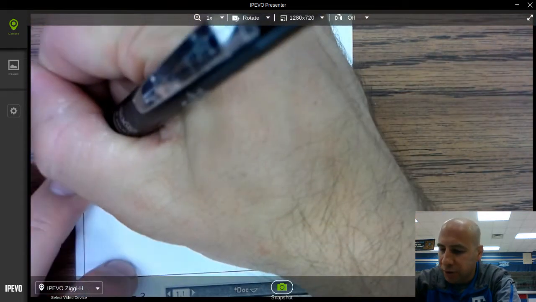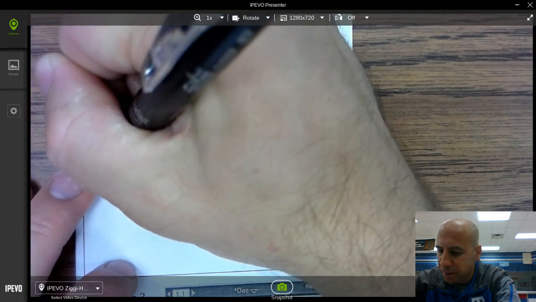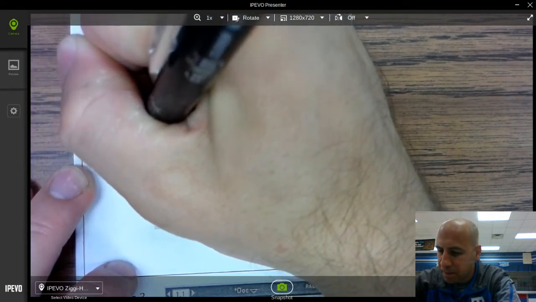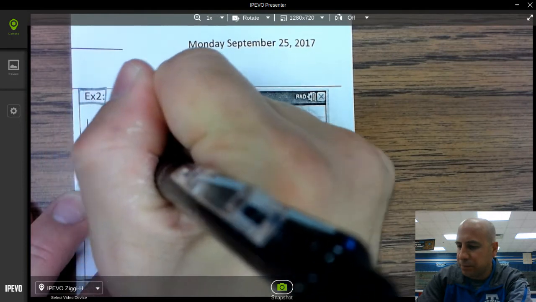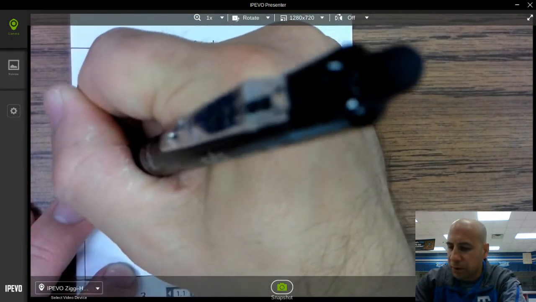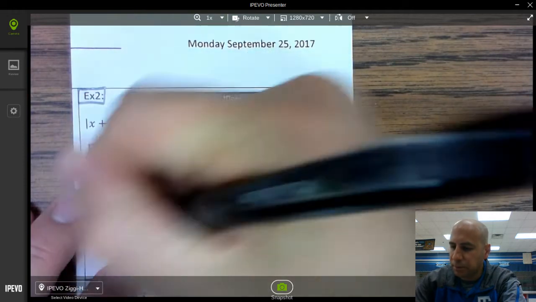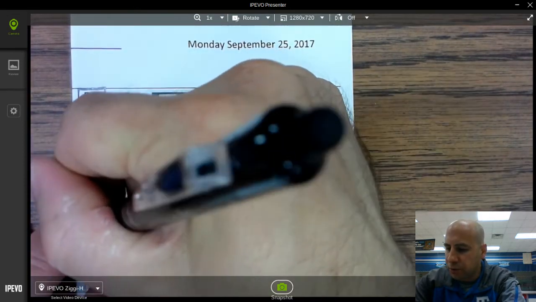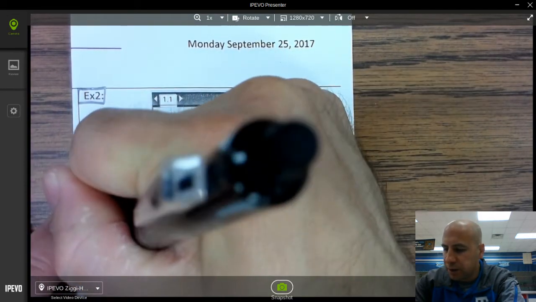Well, we know the direction of absolute value, h, k, well, that's the vertex that we moved, is 1, 1, 2, 2, 3, 3.